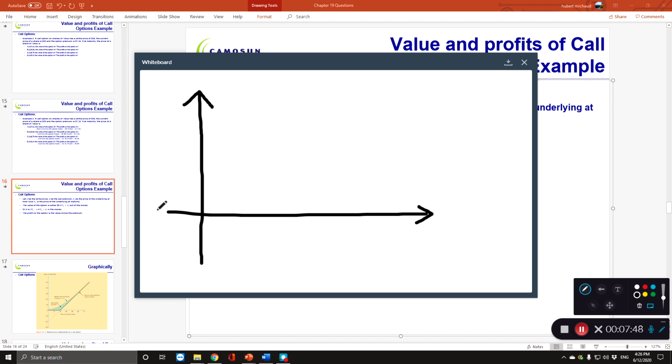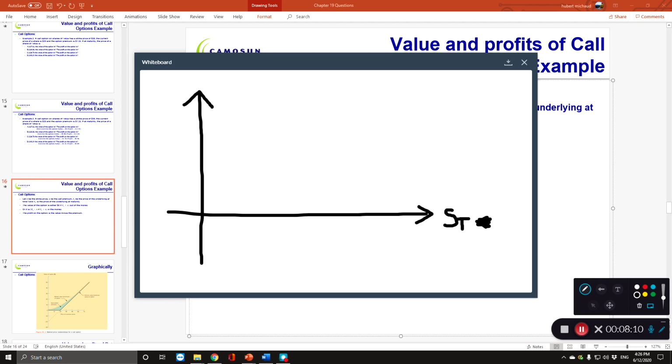Here on this x-axis, we will put the value of the underlying at maturity. We could put S little t, which would be the value of the underlying at any point in time, but I'll just put the maturity here. We could put little t, it would be the same, it wouldn't be any different.